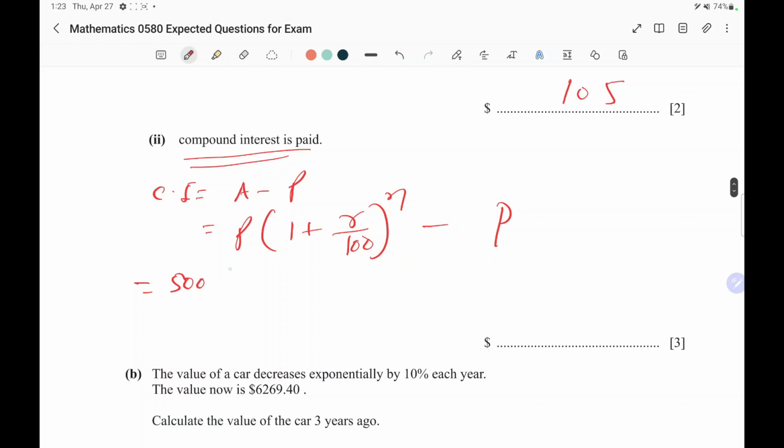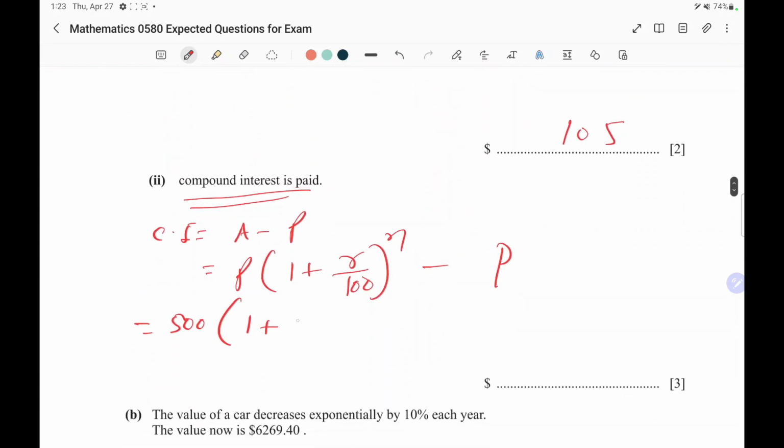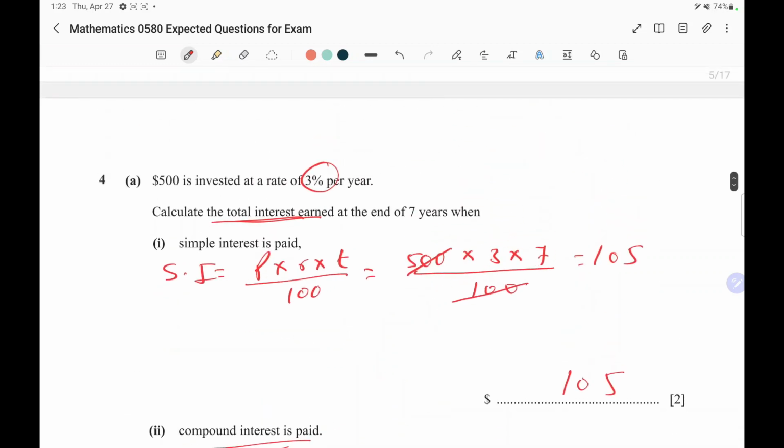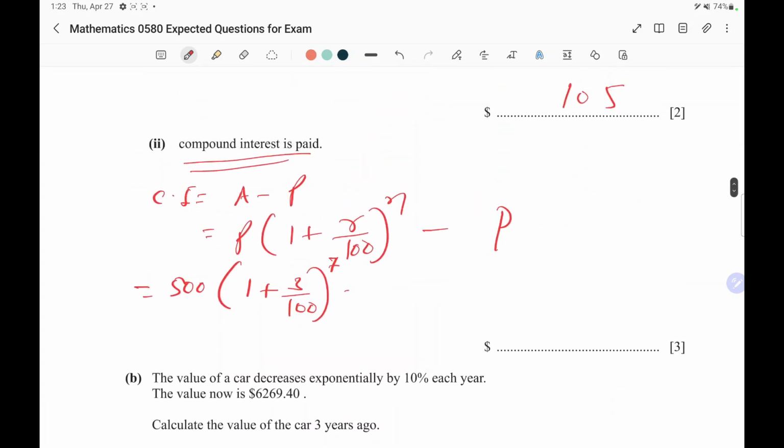So this is 500. 1 plus rate is 3%, so 3 over 100. To the power, calculate the total interest earned at the end of 7 years. So to the power 7 minus 500. Do nothing, just calculate, you will get the answer.